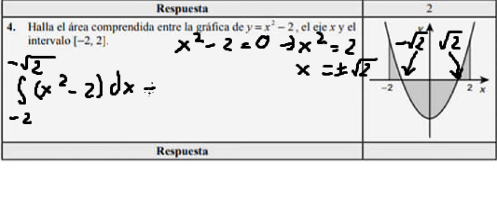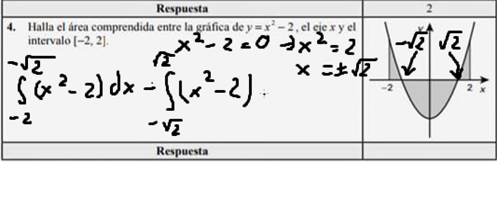So we need to put the negative so that it changes the negative into the positive. The integral from negative square root of 2 to positive square root of 2. This one you get positive, so we don't need to change the sign.